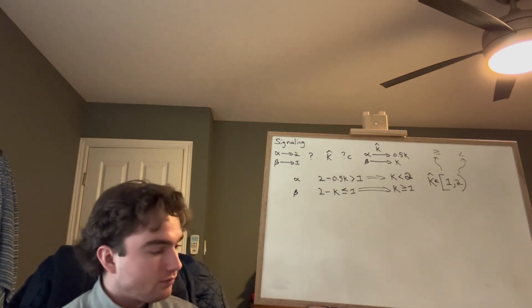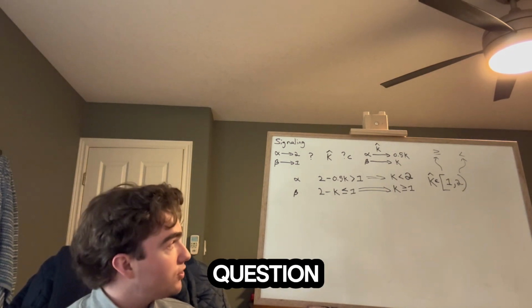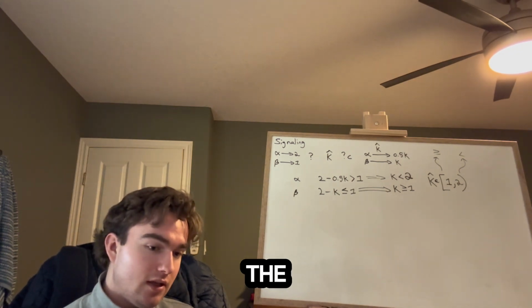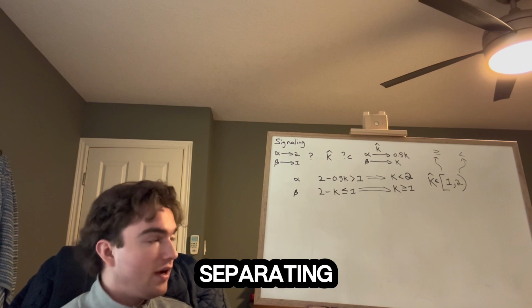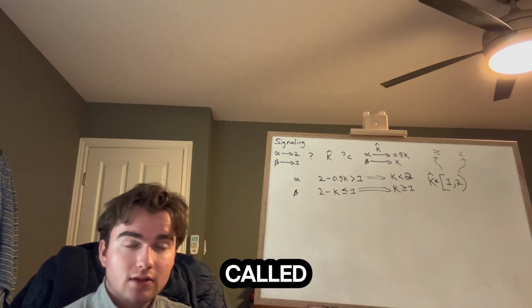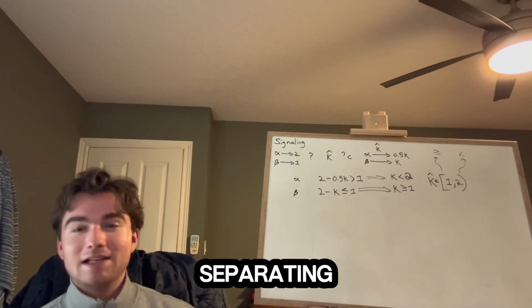Basically, your job when you look at a signaling question is to find out the separating equilibrium, I believe is what it's called. I could be wrong, but it's separating something.